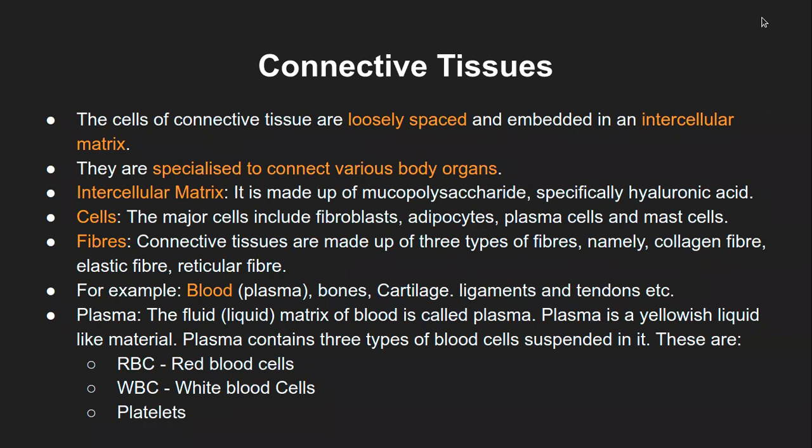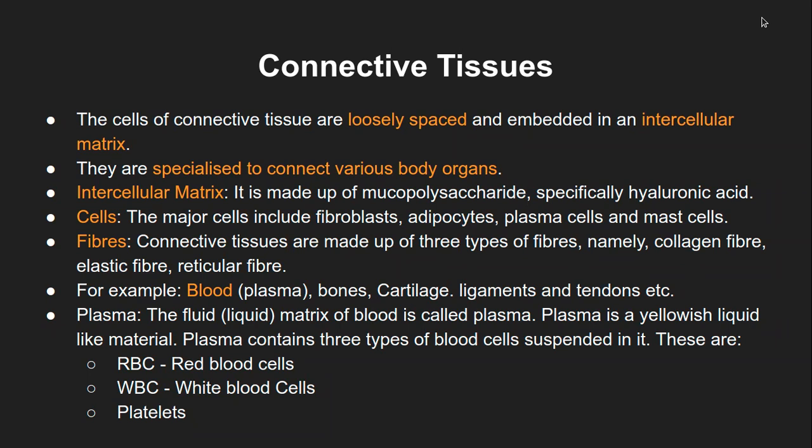So one component of the connective tissue is the intercellular matrix, and we now know what it is composed of. The second component is the cells. Of course, it is a tissue, so the cells have to be there. These are the cells which are embedded within the intercellular matrix.